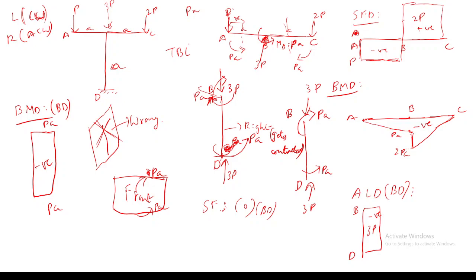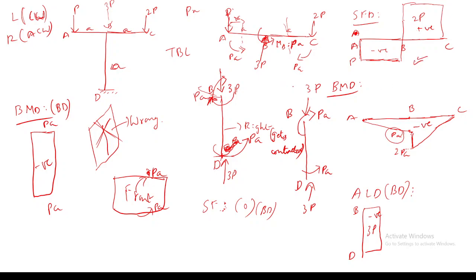Fine. For the previous question, there was a 2P on the right side and P on the left side, isn't it? Why do you take that moment as P into A? You are asking about this value, or about the shear force diagram?